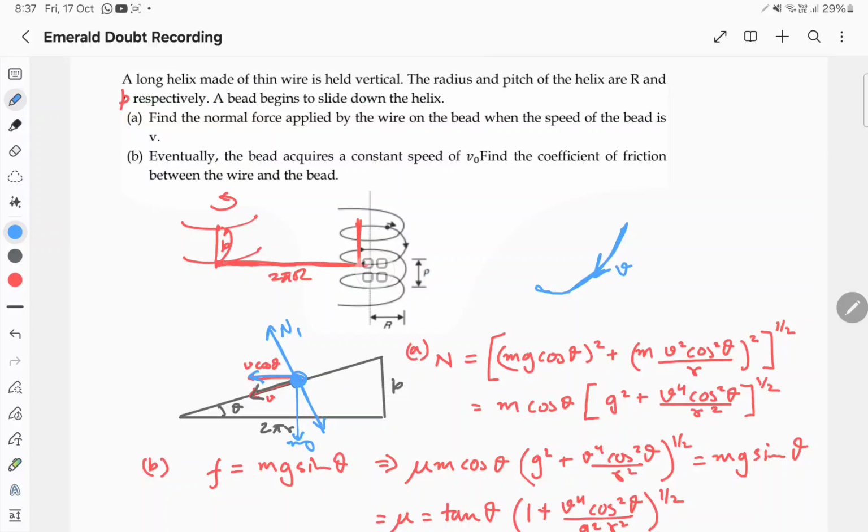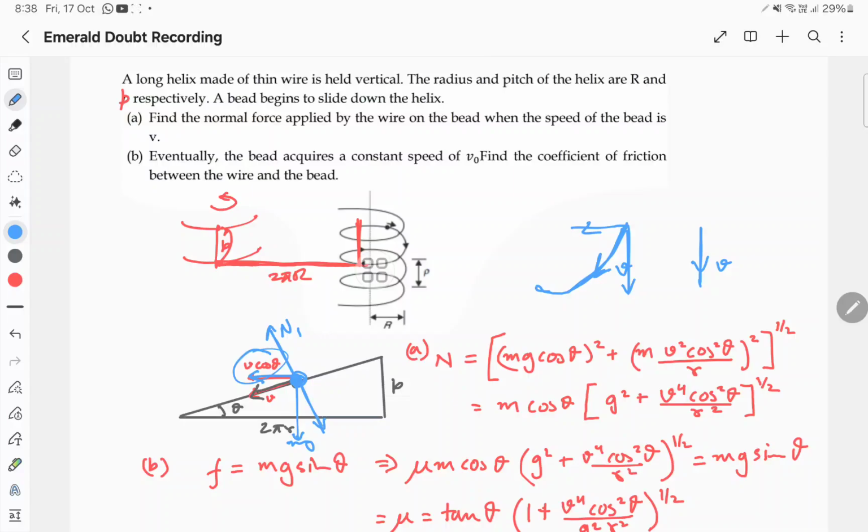How much is the centripetal acceleration? If the bead is sliding straight down with v, it has no centripetal acceleration. The vertical component of the bead going down is not going in a circle. Only the horizontal component is going in a circle. So v cos theta is the horizontal component, and it has a centripetal acceleration towards the inside.